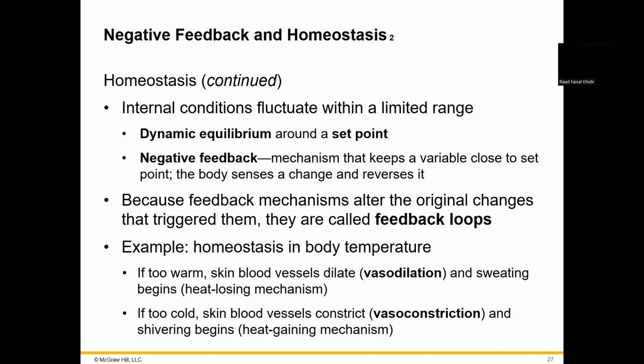For example, thermoreceptors will detect you're too hot. They're going to send information to the brain. The brain is going to send information to the sweat gland, the effector, to do the effect of cooling. You see a crime, you call the police. You don't call the police, you call the 911 center. You are the receptor, the sensor, the detector.